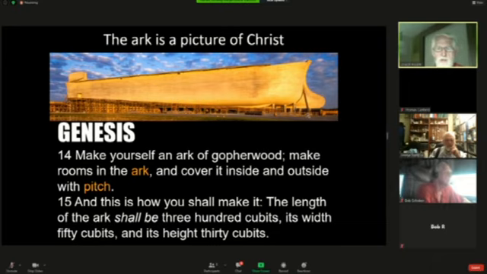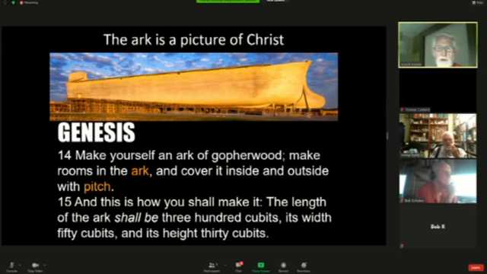And so from Genesis here, I wanted to emphasize the instructions given to Noah, chapter 6, about making the ark and covering it outside with pitch. In other words, some sticky substance, maybe from a petroleum product, maybe from plant products, as in resins from plants.